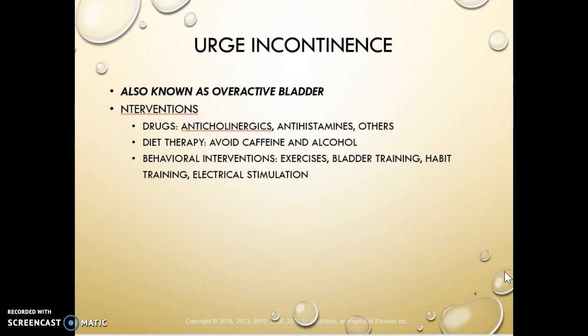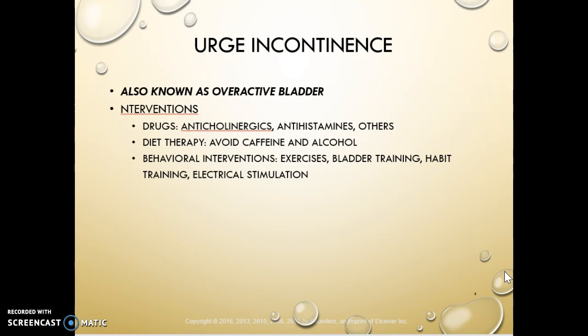And just remember, with anticholinergics, they also dry up the body. So it's very common for somebody who's on those type of drugs to get dehydrated when they're older. So that's a key thing to ask.